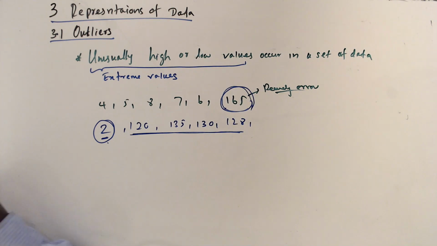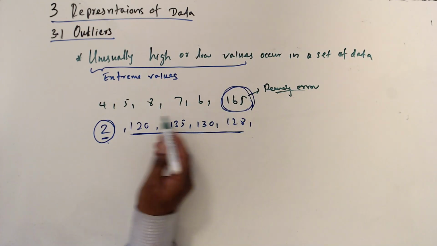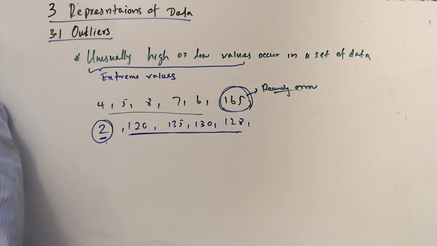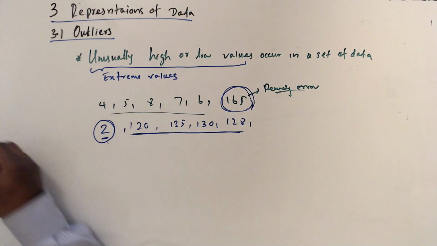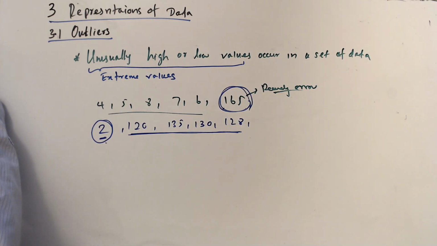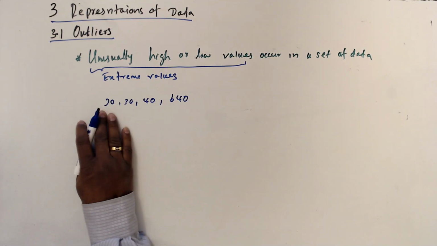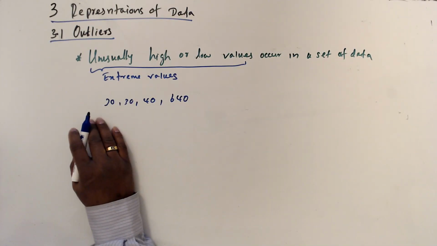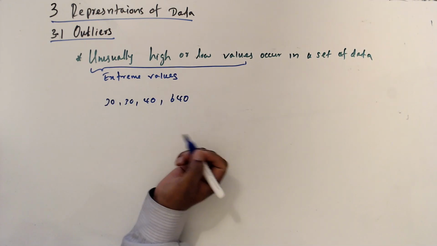We already discussed what will happen to the mean if there is an unusual value. It will give inaccurate forecasting. Now, when you look at this data set, you can identify the unusual value: 20, 30, 40, 640.